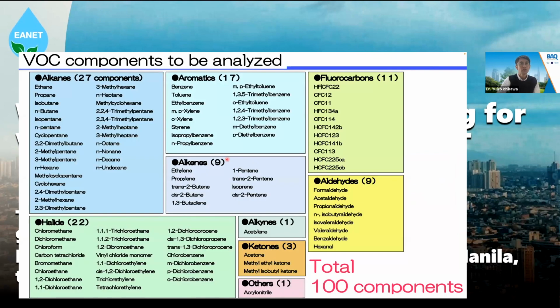The VOC components observed here are 27 alkanes, 17 aromatics, 11 fluorocarbons, 9 alkenes, 9 aldehydes, 22 halides, 1 alkyne, 3 ketones, and 1 other. The total number of components is 100.